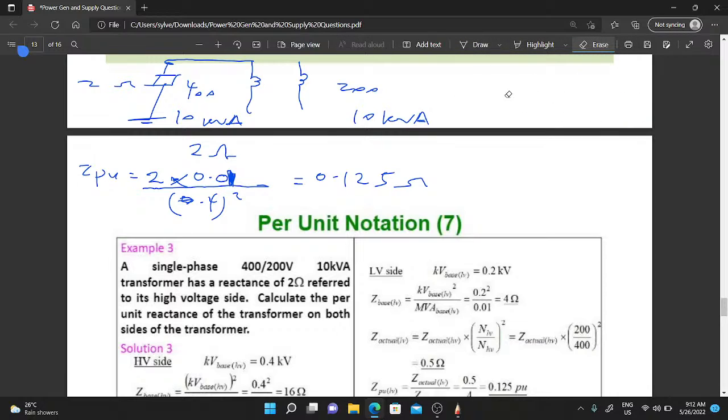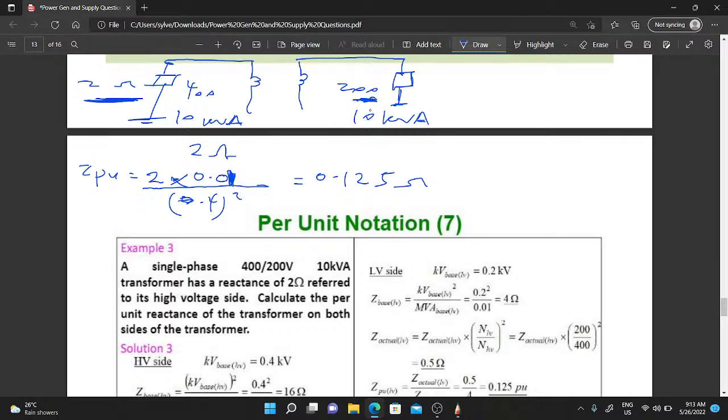Now the next part says to find the per unit on the other side. At the other side, first I must refer this impedance to the low voltage winding side, the secondary side.